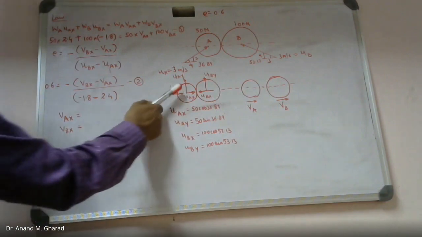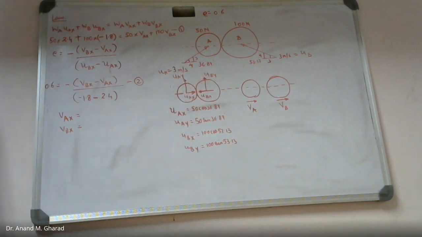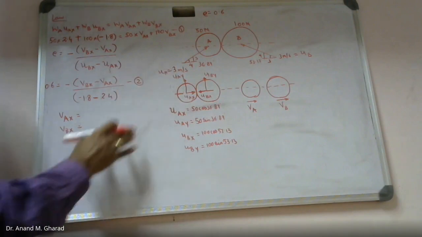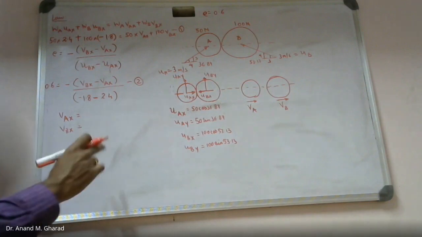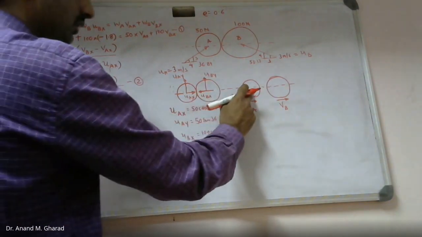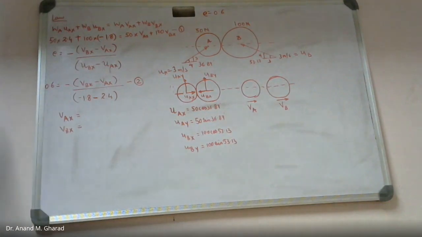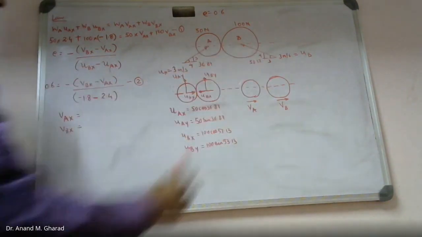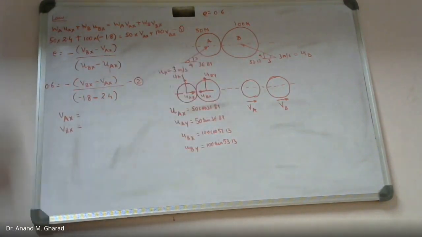Mind well, there is no change as far as the vertical components are concerned. Vertical components shall be same, because you can see the impact is in the x direction, and the movement associated to that particular impact will be again in the x direction. But since it is an oblique kind of impact, there will be y component as well.